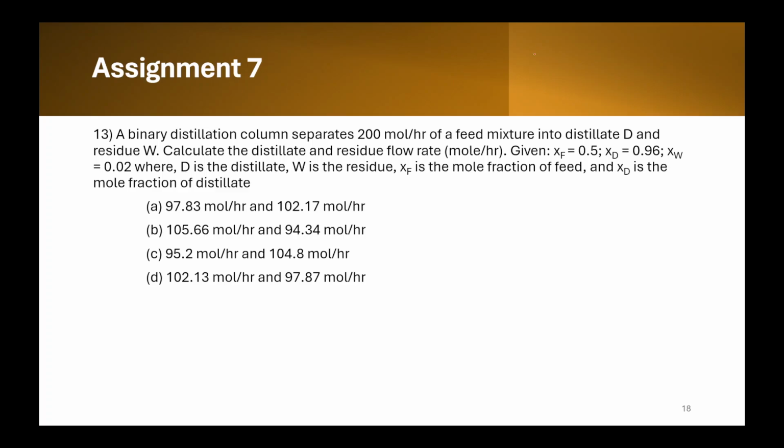This XF is basically the mole fraction of the volatile component. The majority of the volatile component will come out through the distillate. All these are the mole fraction of the volatile component. XF will be the mole fraction in feed.